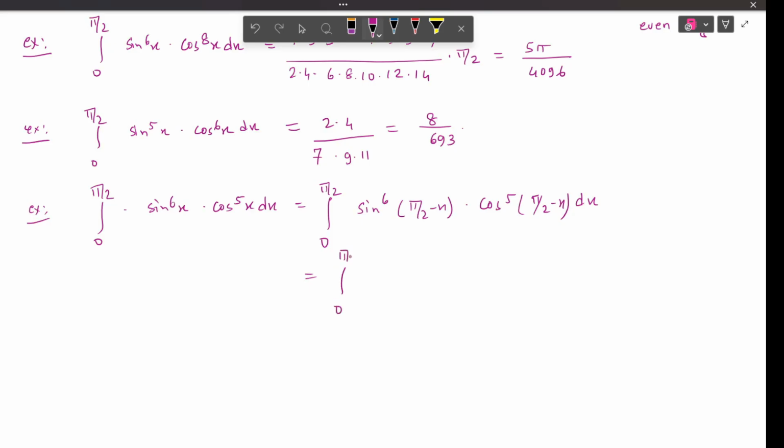So 0 to pi by 2, this will be cos to the power 6x, and cos of pi by 2 minus x would be sine. So it will be sine to the power 5x dx. Now here m is odd, n is even. So this is in the same format we have just derived. This is 8 by 693.